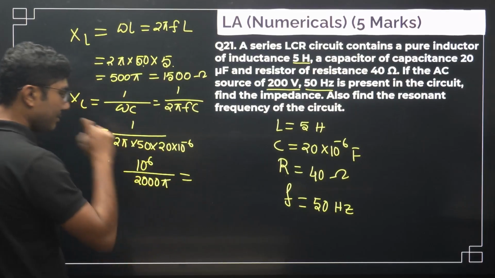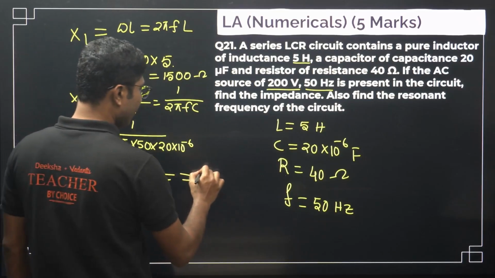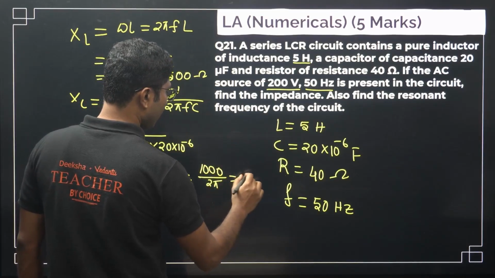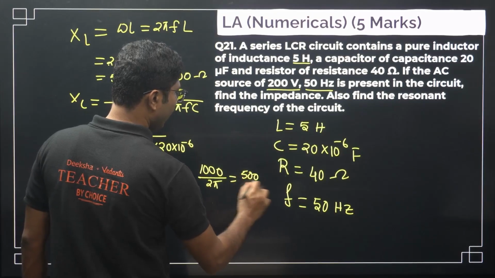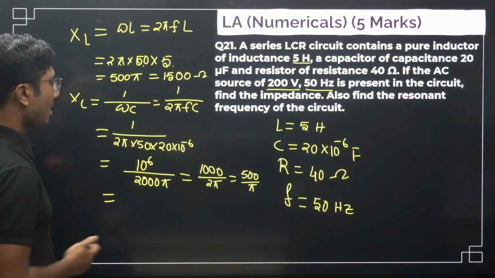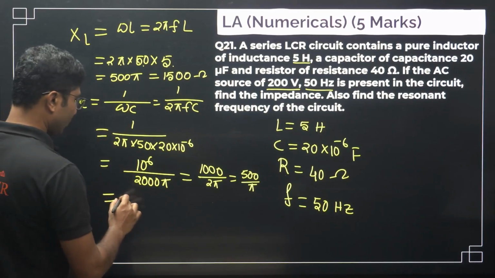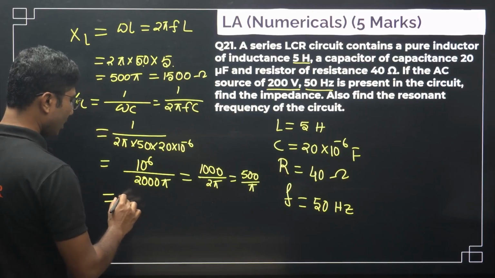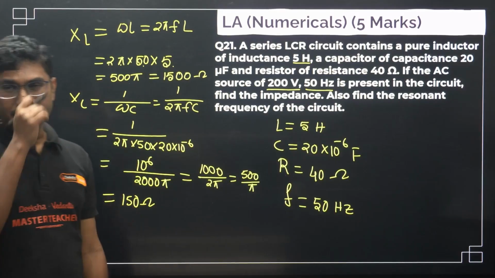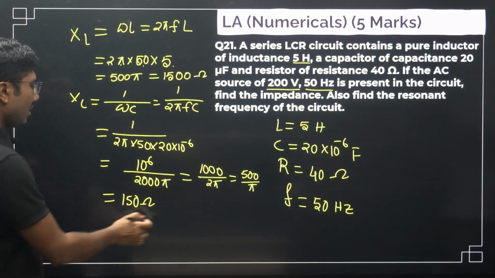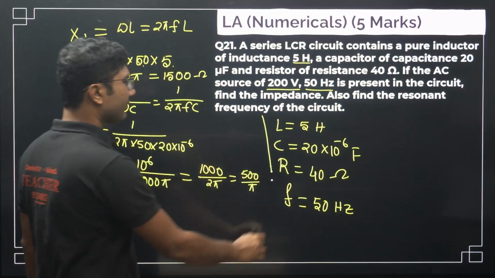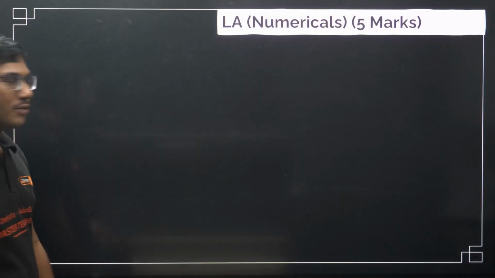So it will be 1000 by 2 pi, or 500 divided by pi, which will be approximately 150 ohm. 500 divided by 3.14, you will get about 150 ohm. The exact value I am not calculating, you can use the calculator to calculate the exact value, but I am showing you how to solve this question.